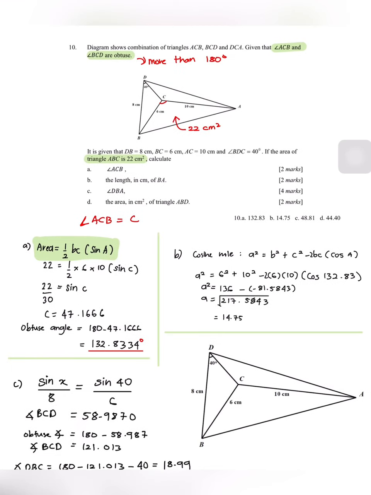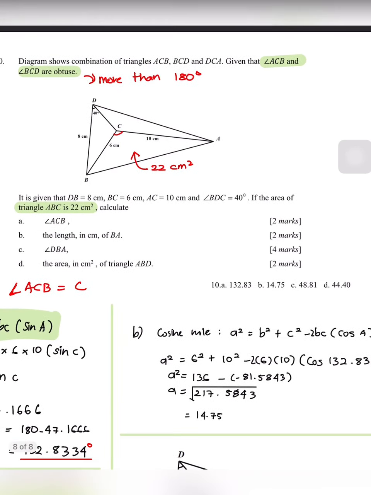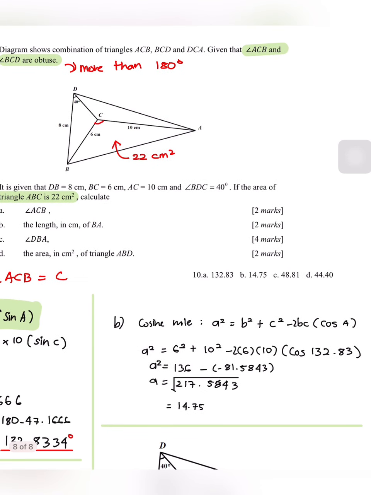Moving on to the next question, they want us to find the length of BA. This is the length that they want us to find. Let's write up the previous answer, 132.83 degrees. Right here we can use the cosine rule.